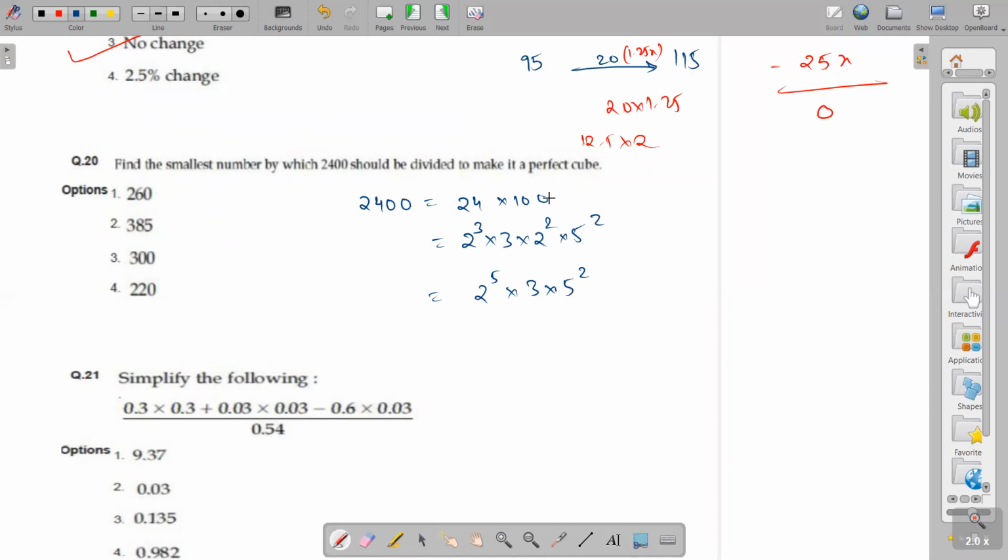Now we have to make it a perfect cube by dividing it with the smallest number. To make it a cube, the power should be a multiple of 3. This should be divided by 2 square, then 5 minus 2 is 3. This should be divided by 3, then the power will become 3 raised to 0, and over here it should be 5 square.